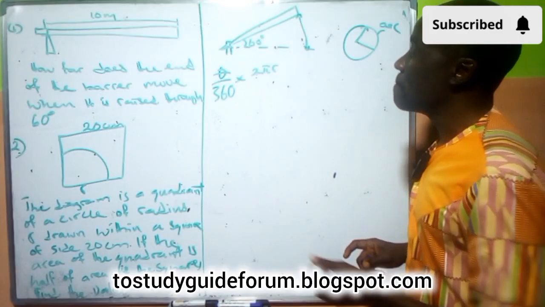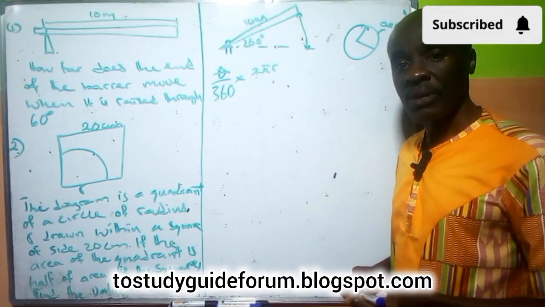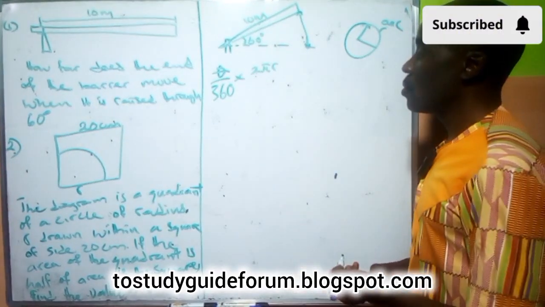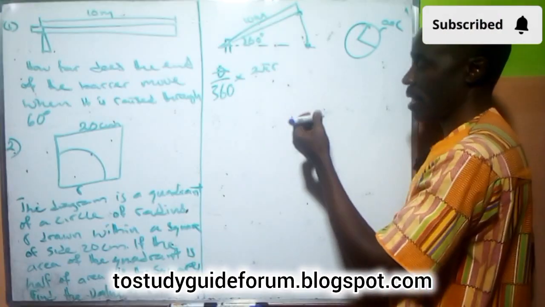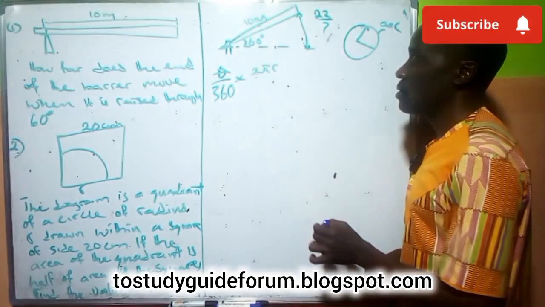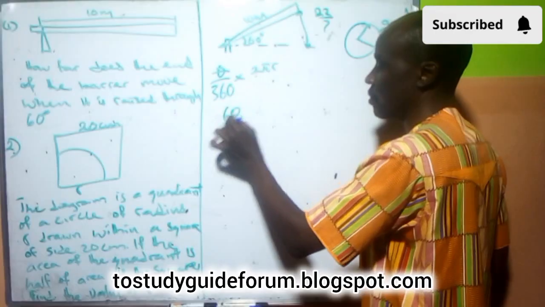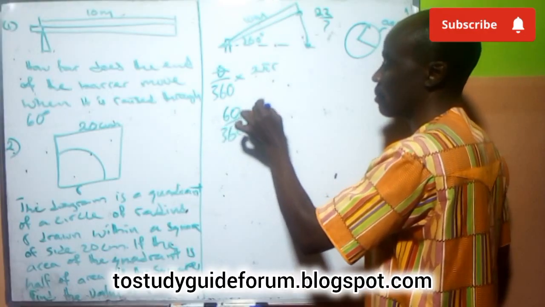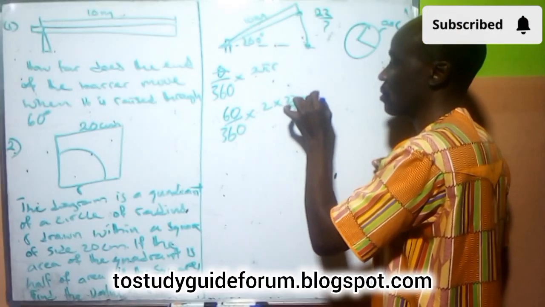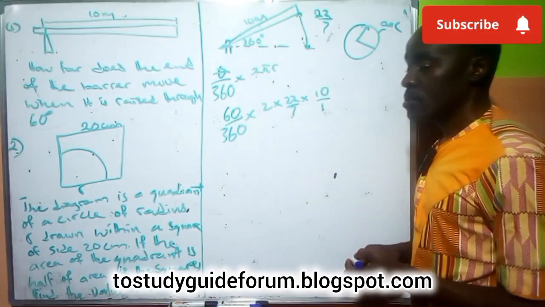Now, this 10 meters will serve as our radius, because it's from this point to that point. So we take pi as 22 over 7. Our theta is already known, 60 degrees over 360 times 2 times 22 over 7 times r, and our r is 10.